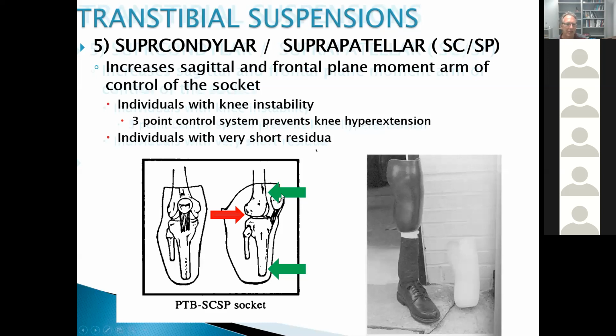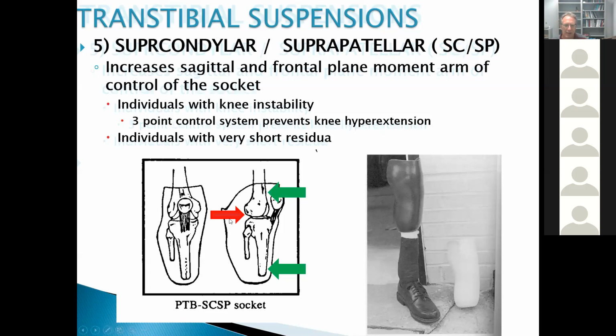The suprapatellar socket design helps to prevent hyperextension, especially with people with very short residual limbs, because here you have a force, not going actually into the popliteal fossa, but a little bit below the popliteal fossa. Remember, we were talking about 3-point control. So this is a control system that helps prevent hyperextension.